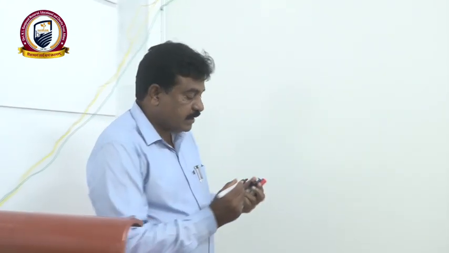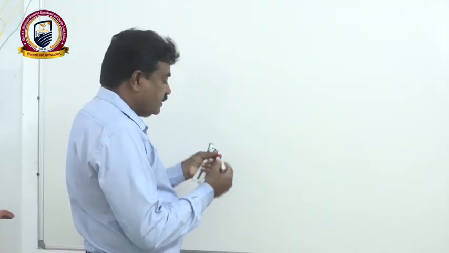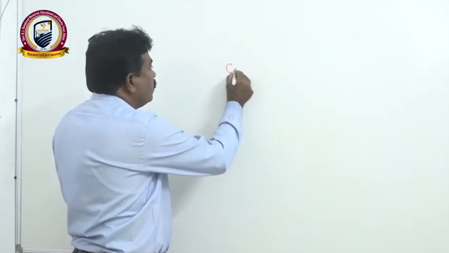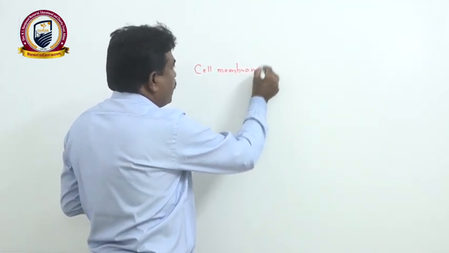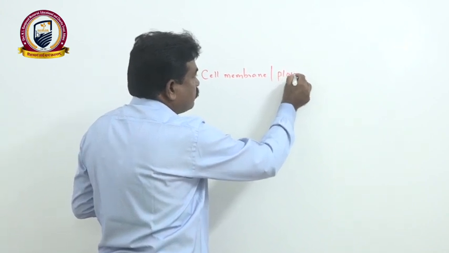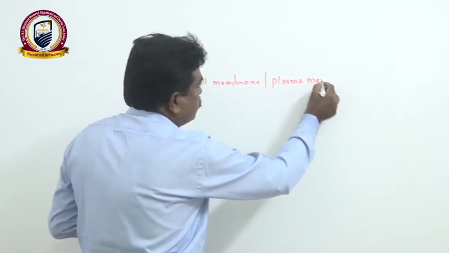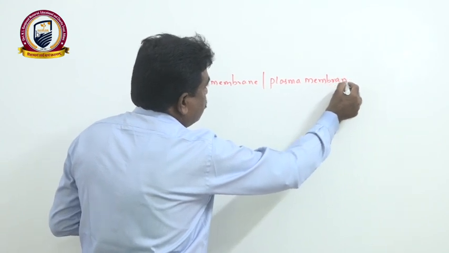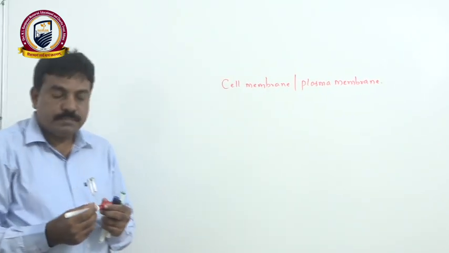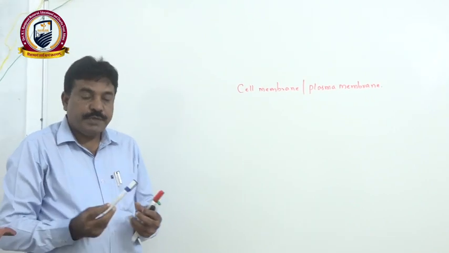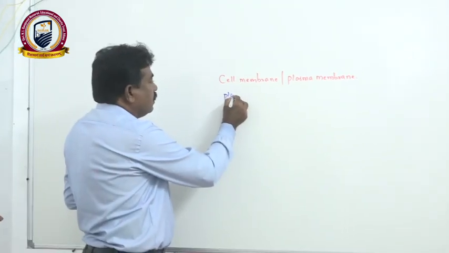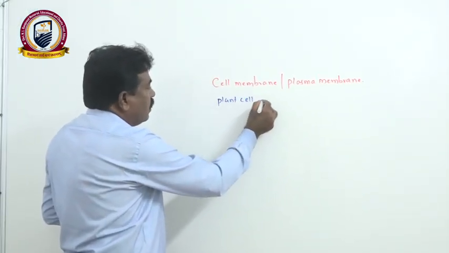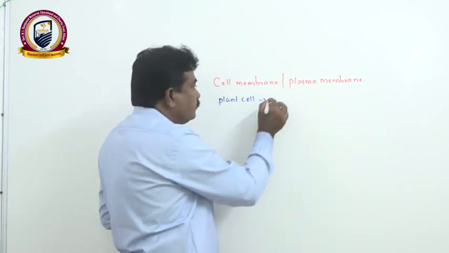Another important covering of both the plant as well as the animal cell is the cell membrane, or what we also call the plasma membrane. As we know, in the case of a plant cell, the outer covering is the cell wall.